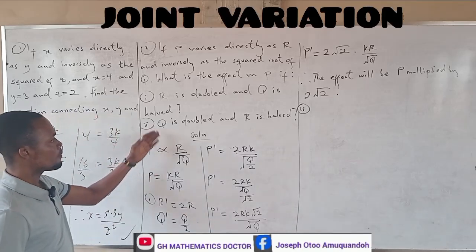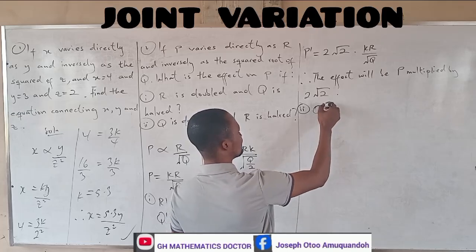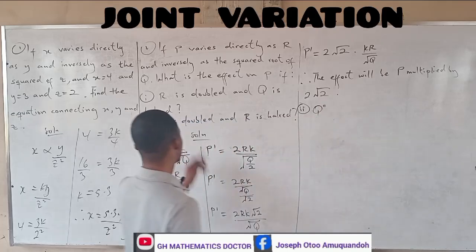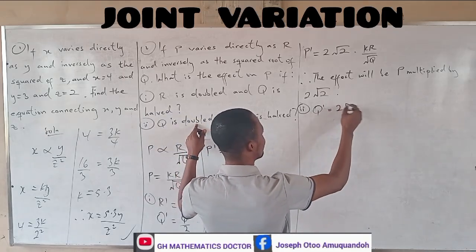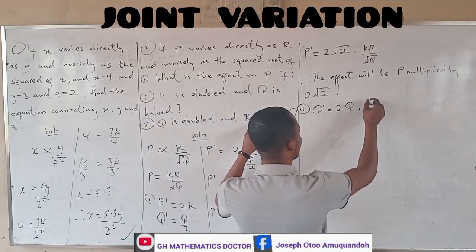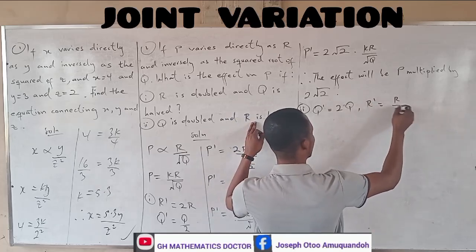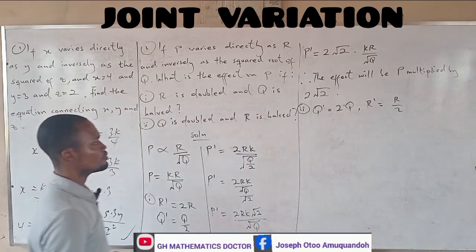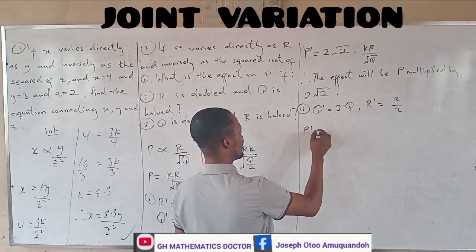So you say that the new Q, which we are going to use here, Q will be doubled, so 2Q, and R is halved. So the new R is R over 2. So I'm going to substitute into the same relation, and we have our P prime again.